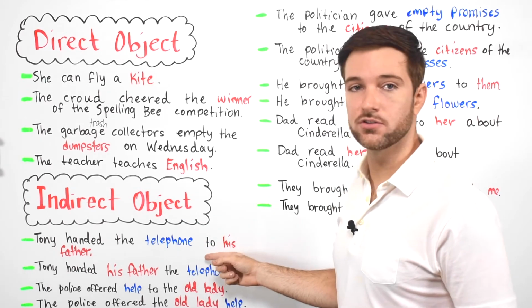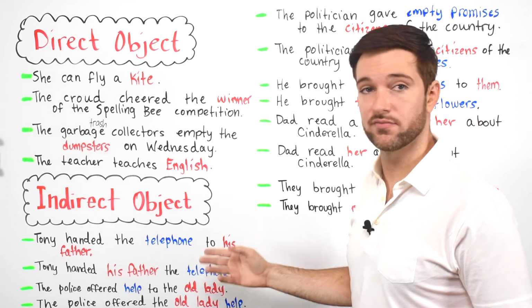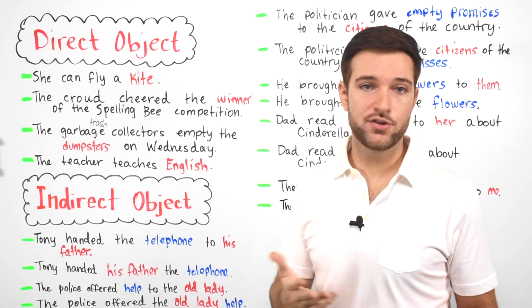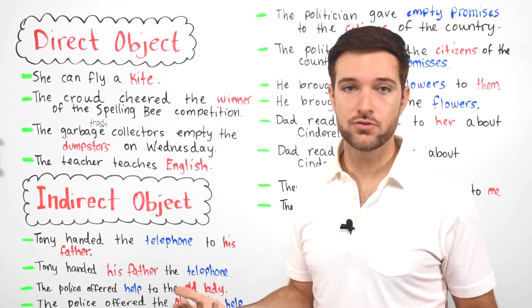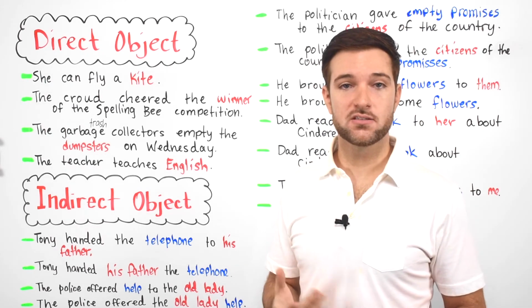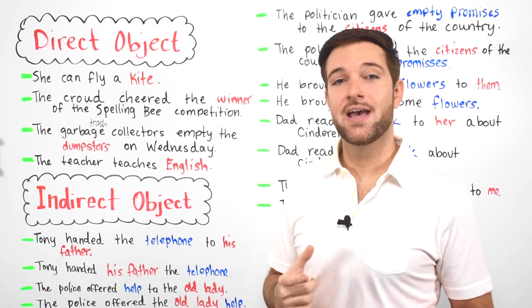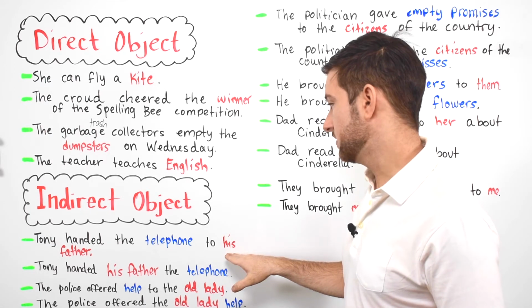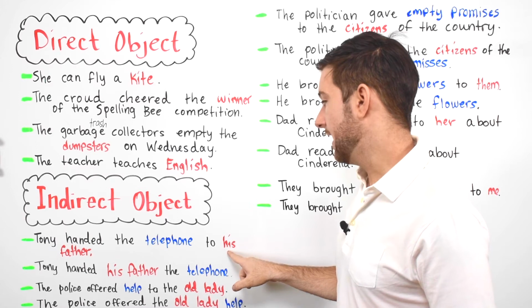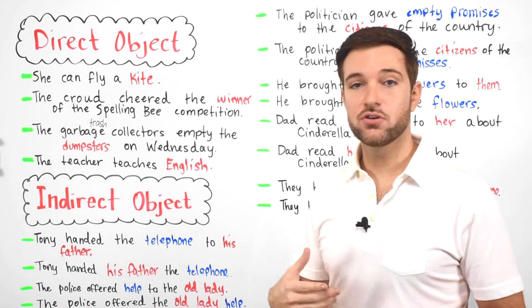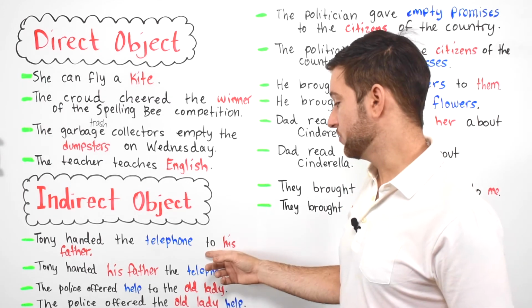So we need that word to in this sort of example. However, like I said before, you don't always have to use the word to. It's not always required. If, for example, you rearrange the sentence by placing the indirect object after the subject, then you don't need that word to. So you can get rid of it.